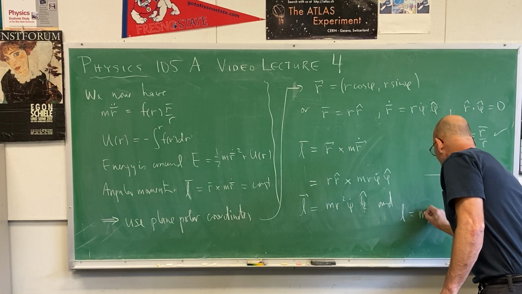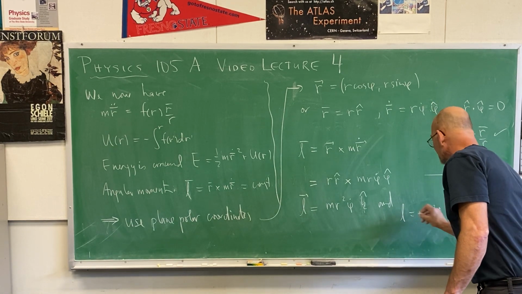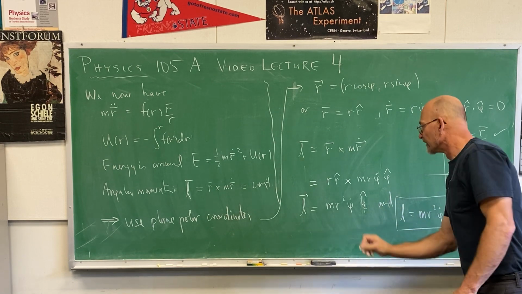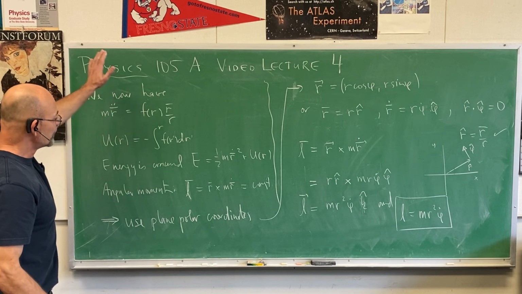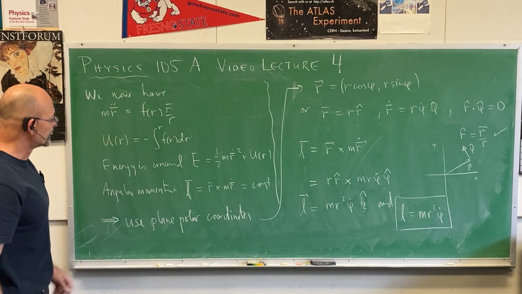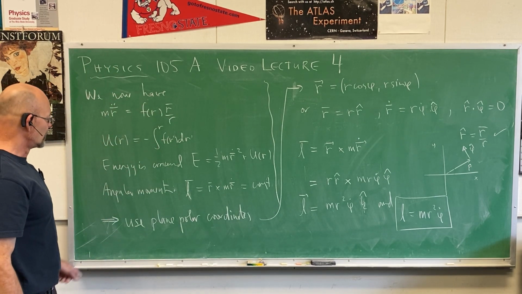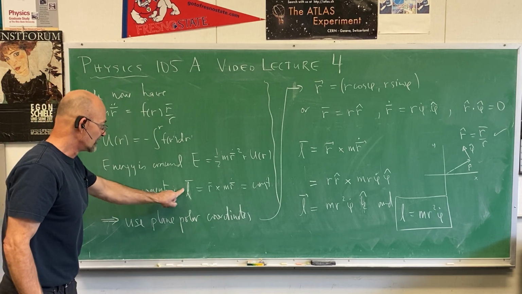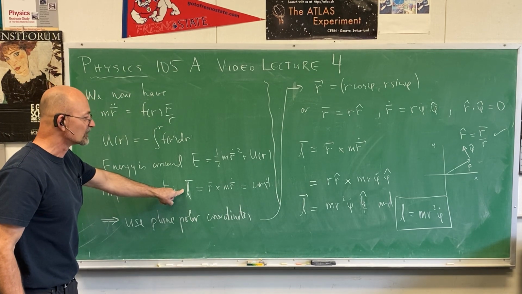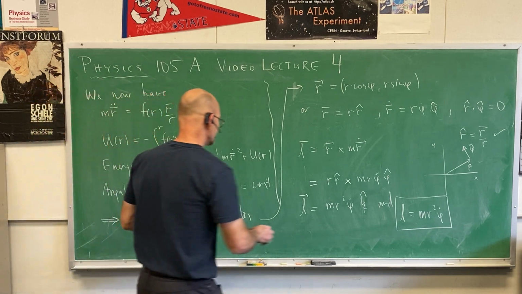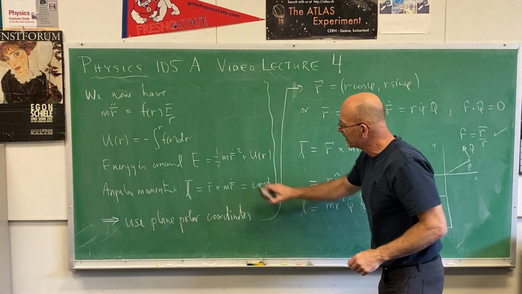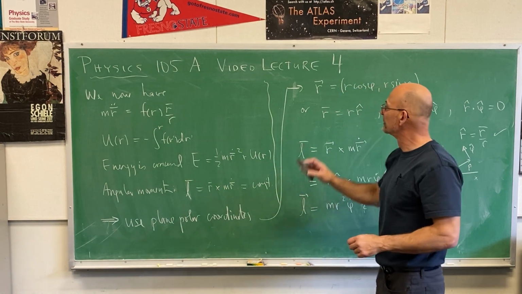The L magnitude is m r squared phi dot. So there's a result. I'm going to leave these up here, so I'll just be working on the right side of the board. So we have found this expression in plane polar coordinates. Now let's do the energy. For the energy, we just need the r dot squared.